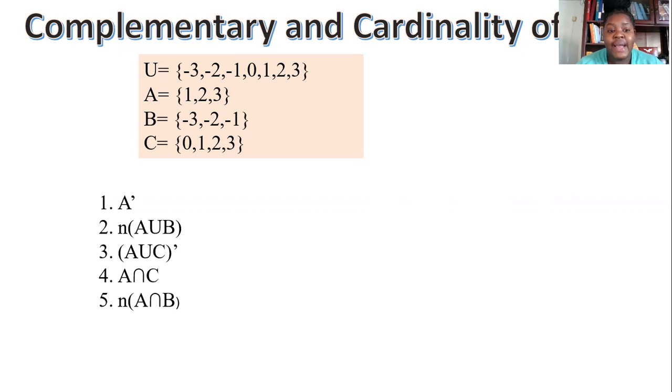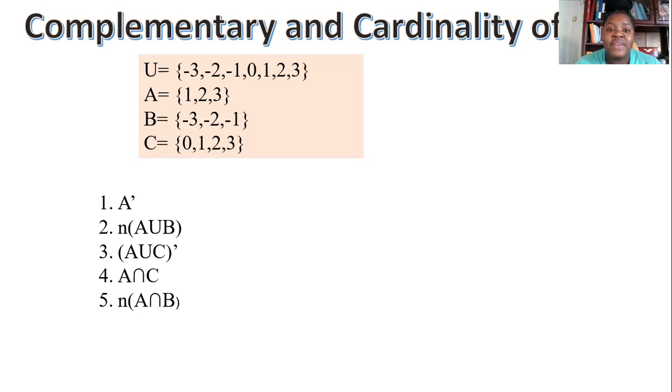Number 1 asks us to find A complement, meaning all the elements that are in the universal set but not in set A. Number 2 asks us to find the cardinality of A union B, which is the number of elements in the set A union B. Number 3 asks us to find A union C complement, which is all of the elements that are not in A union C, but are in the universal set.